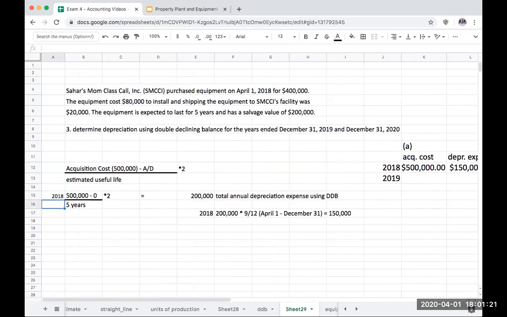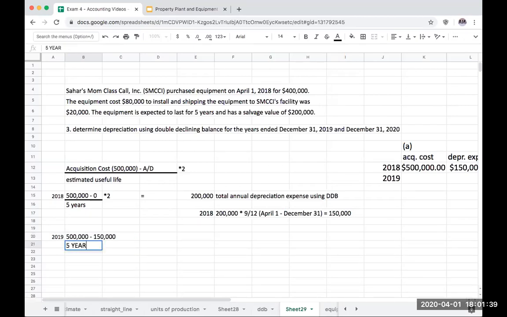Let's go ahead over here to 2019. Acquisition cost here is $500,000. However, my accumulated depreciation as of the beginning of 2019 is going to be $150,000. I'm dividing this by 5 years.